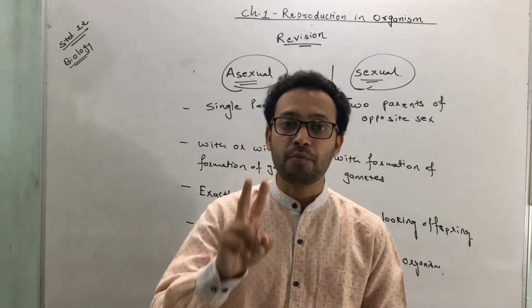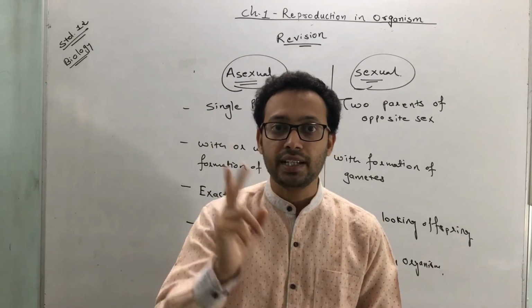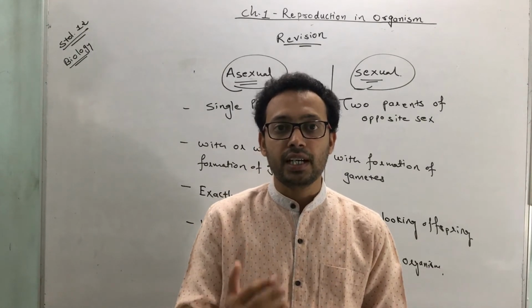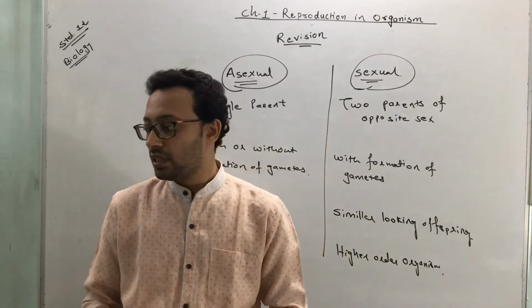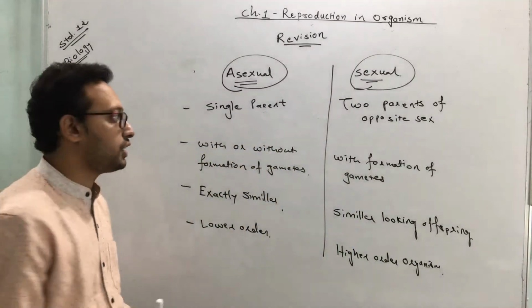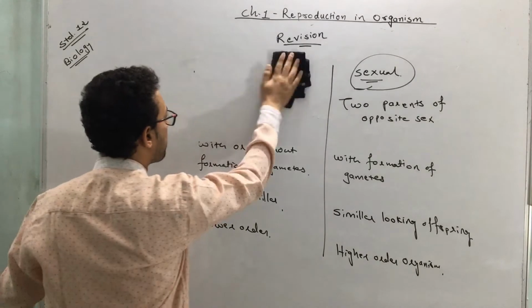Clear? So these are the two types of reproduction, asexual and sexual, what is the difference between them, and which one is a better mode of reproduction. Now let's start with the asexual mode of reproduction first.